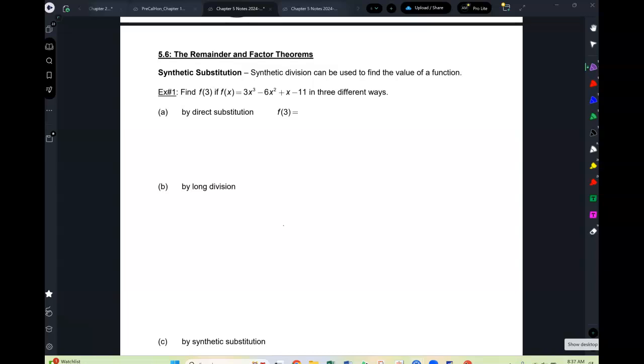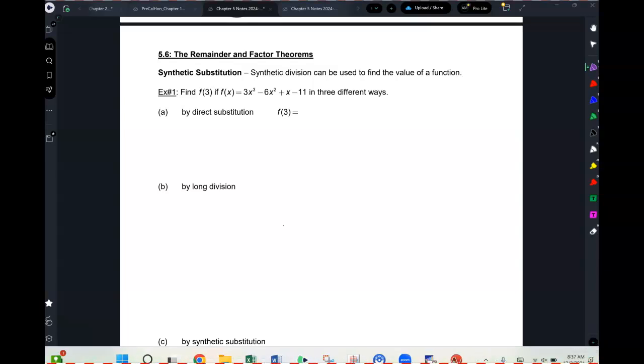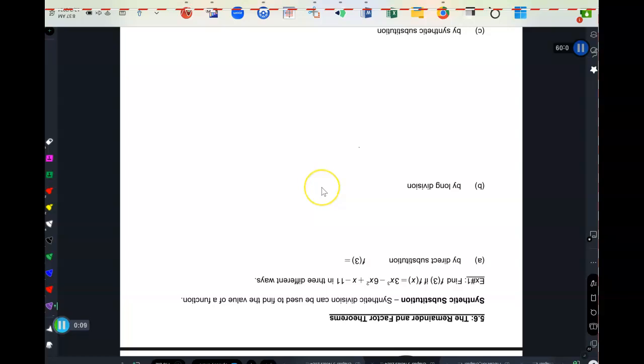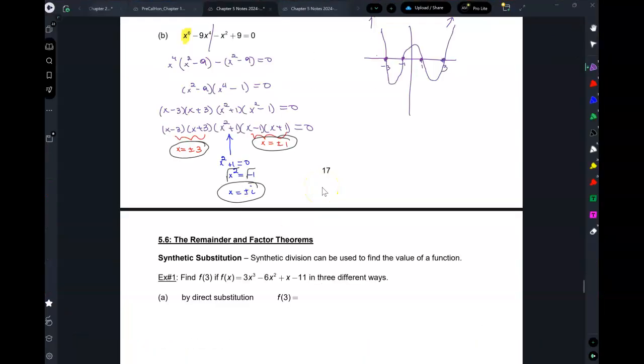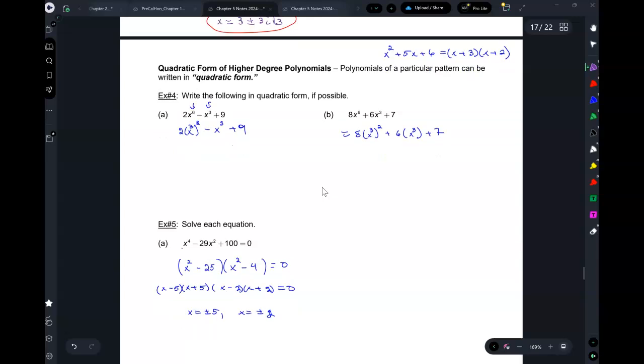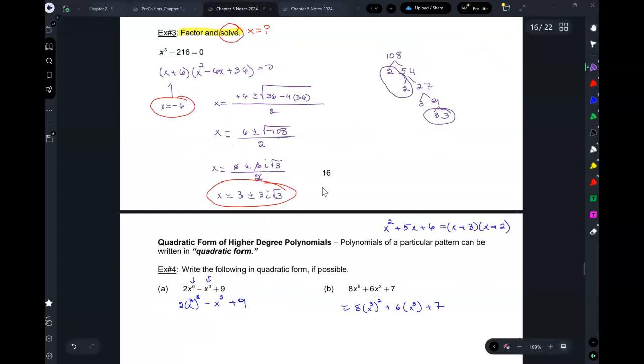All right, so we have been talking about polynomials, long division, and all that stuff, right? We learned how to factor.